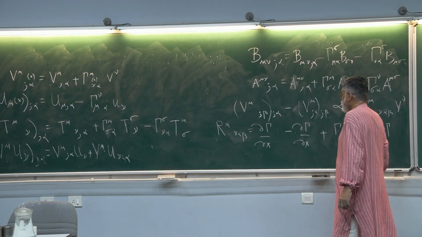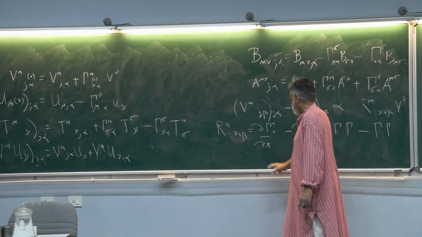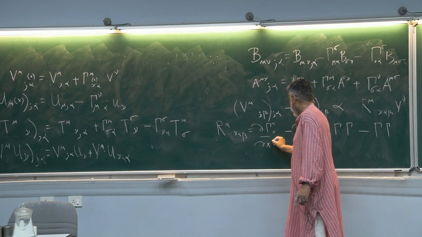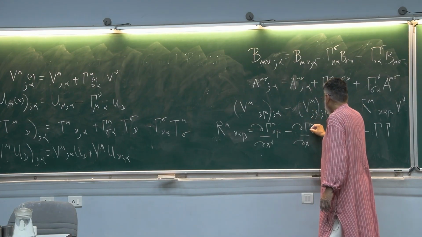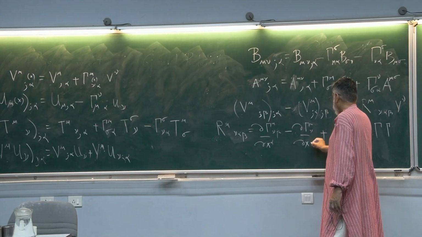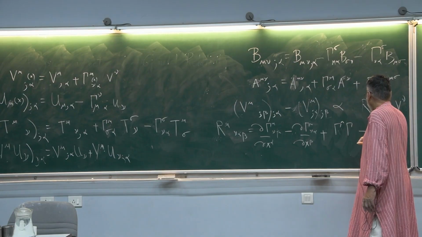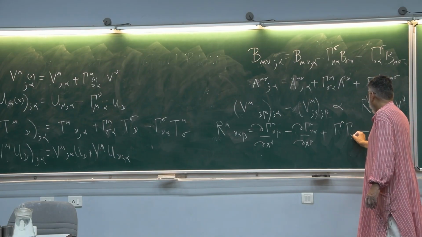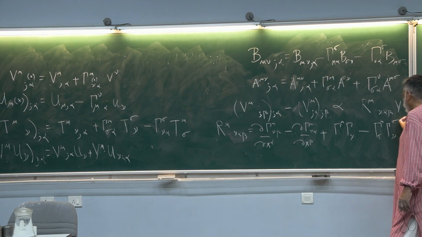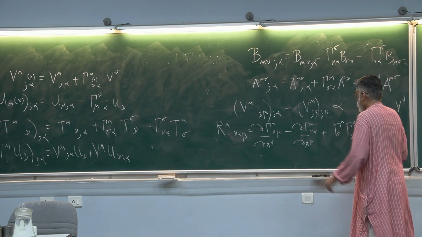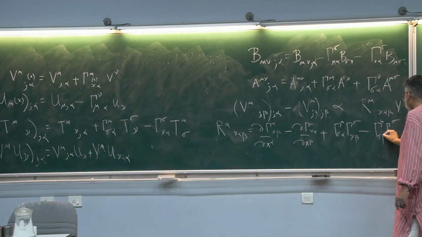Now let me fill in the indices. It will be first μ and ν. If it is α first, the derivative with respect to α here, β here, and it must be antisymmetric. So it will be β, α, then I'll put μ, μ, ν, ν, and σ, σ. It is α first, then α β is β α.